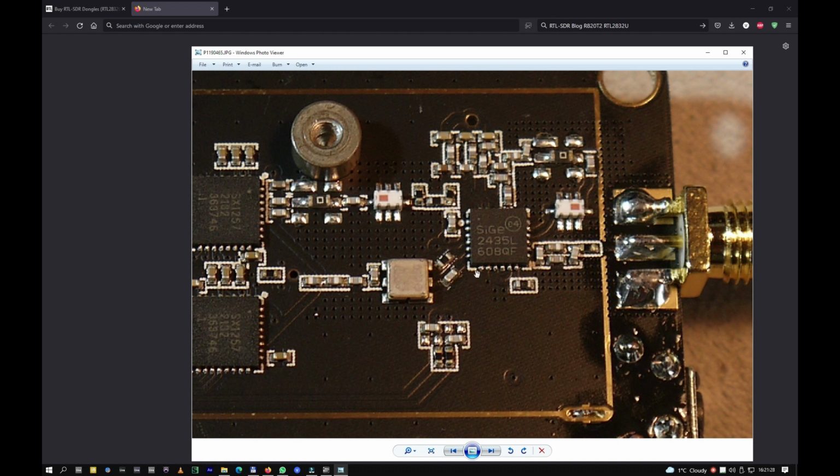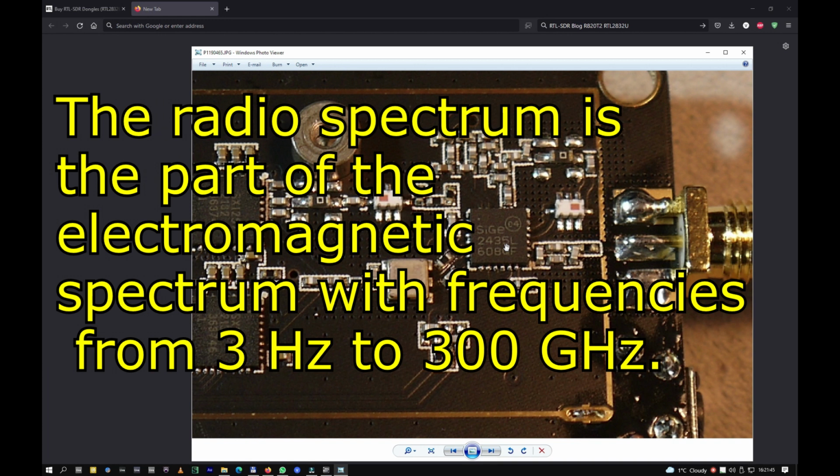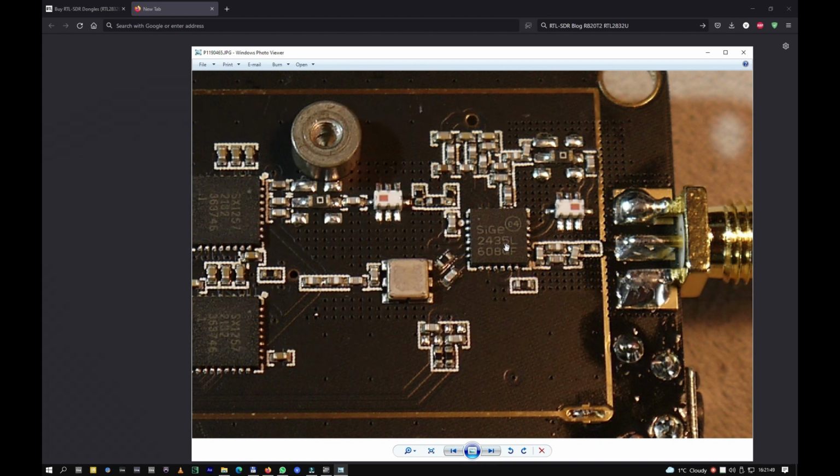The problem is that the whole signal from the antenna, the whole bunch of frequencies, consider the radio environment like a sandwich of frequencies from, I don't know, 100 kilohertz to 2.5 gigahertz like we have in our Wi-Fi at home.